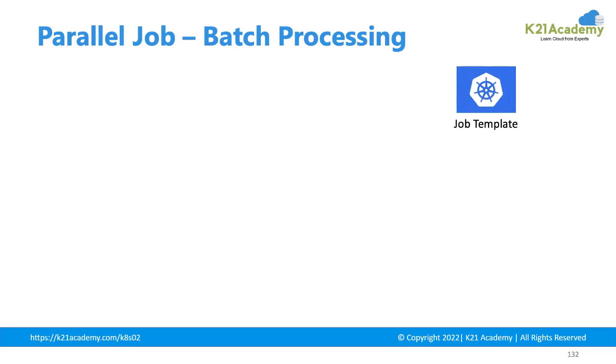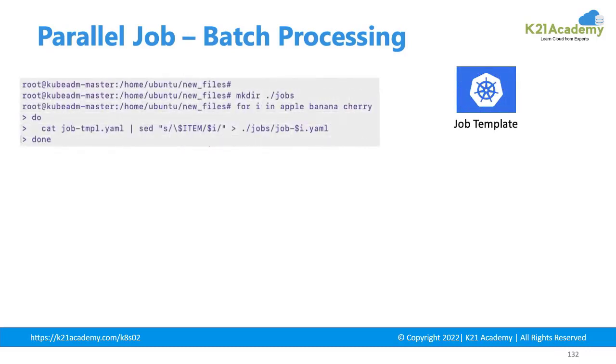We would have a job template, and from that job template, we execute a loop like this. On the left-hand side, if you see the snippet of the code, it says: for i in a list of things, you open this job template.yaml, replace this $item with this i variable, and create a file called job-$i.